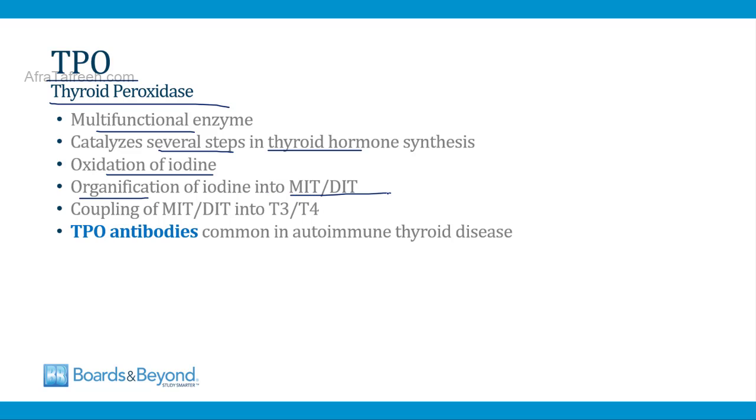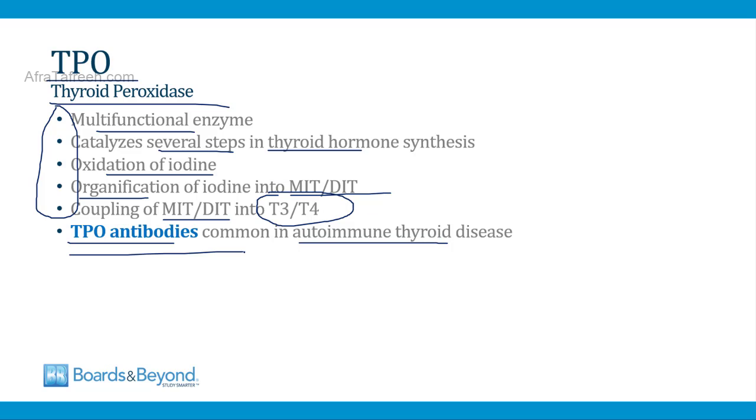I'll talk about these more in a minute. And it can also couple together molecules of MIT and DIT to form the T3 and T4 thyroid hormones. Besides these physiologic roles in production of thyroid hormone, antibodies to TPO occur in autoimmune thyroid disease, which I talk about in different videos. And detection of those antibodies is sometimes used as part of the diagnosis of autoimmune thyroid disease.